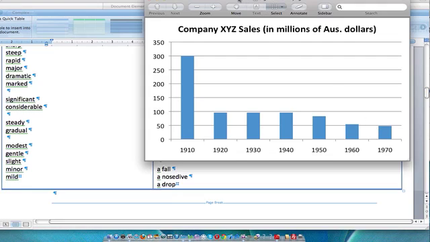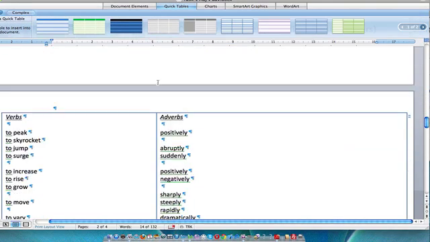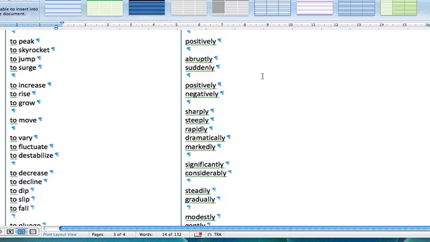Okay, now let's move on to our verbs and adverbs. So on the verb side, we have to peak, which is the word that you saw before, and as you probably can guess, this is when we're going to describe a point when the trend perhaps jumps to the highest point, or it doesn't even need to jump, though it could just move up to the highest point and then it starts to move down.